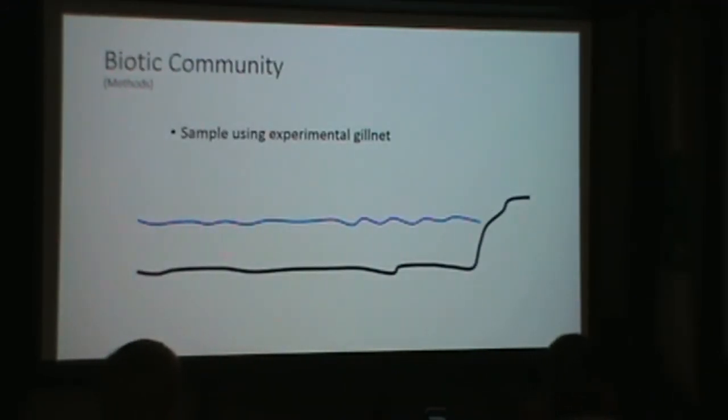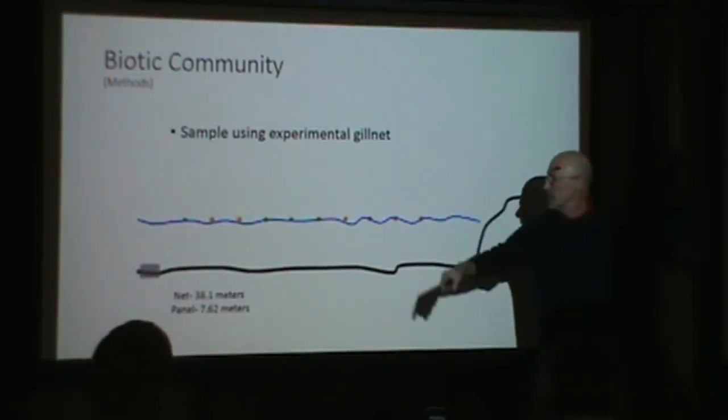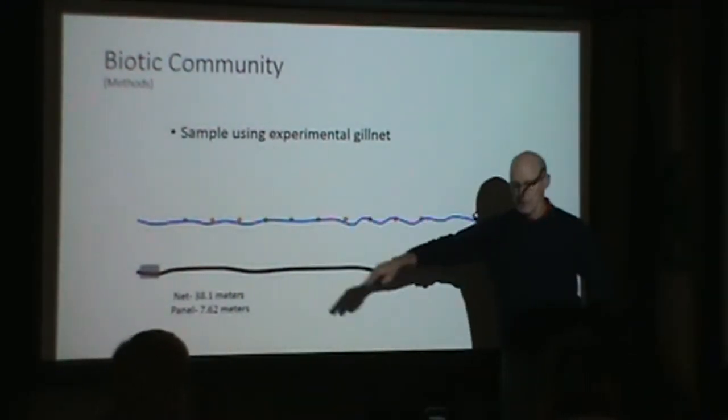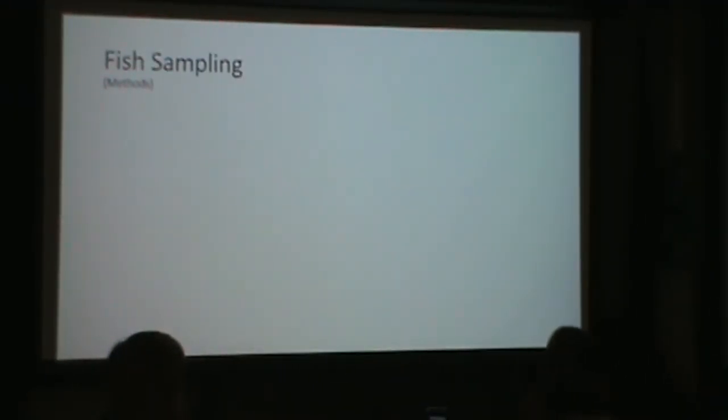Okay? And so we also sample the fish community using experimental gill nets. That means it had several panels with several mesh sizes, so we had different fish sizes that we capture. We capture, ID, measure, and return.